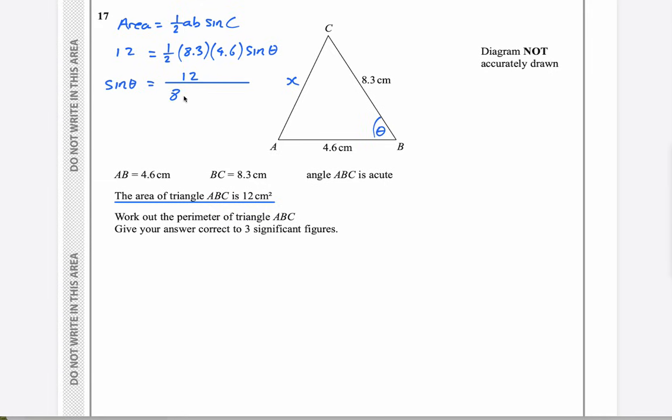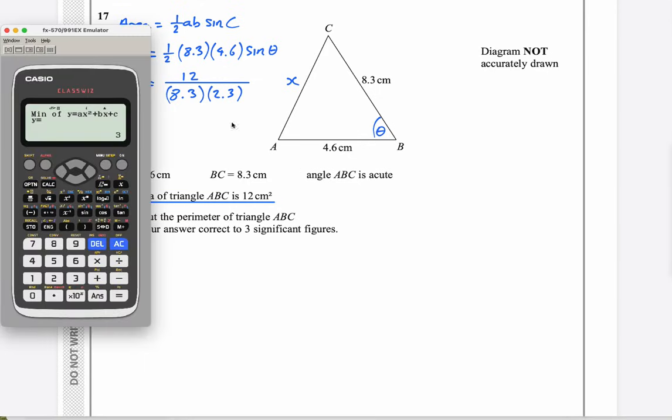So it's 8.3 times 2.3. Now you could just multiply this all out, or you could divide by the half, whatever, but I just wanted to get rid of this half so I don't have a fraction in a fraction. So sine theta is this, and then theta I can get using inverse sine on my calculator.